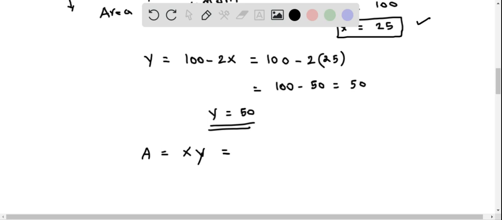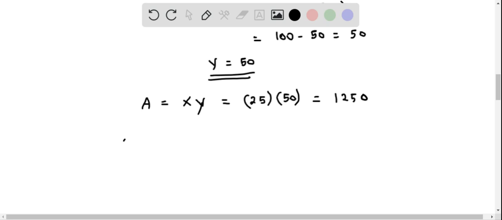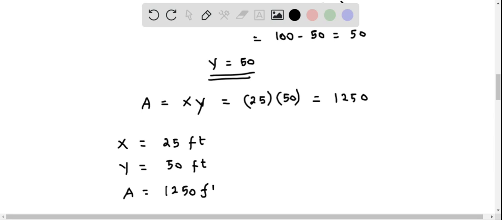And so this gives x is 25 and y is 50, and this equals 25 times 50, which is 1250. So therefore let's write down the sides. x equals 25 feet, y equals 50 feet, and area equals 1250, and this is in feet squared.